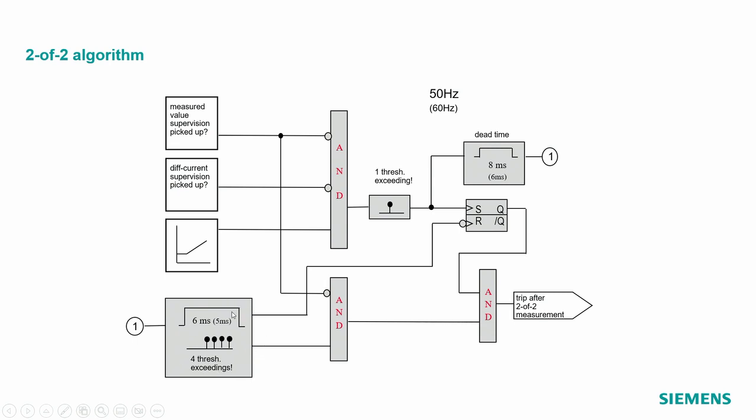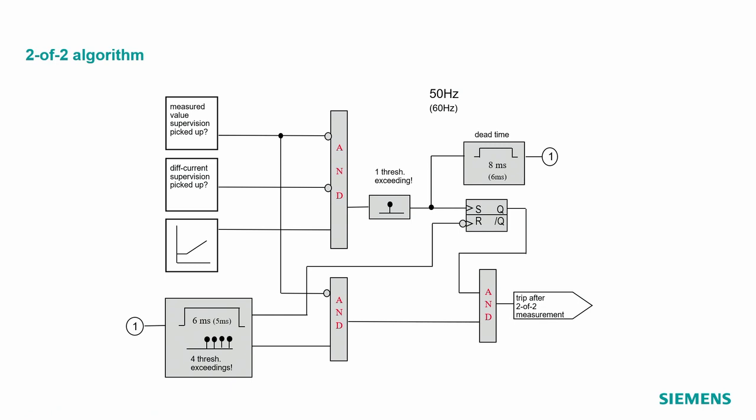If this is fine, we can say, okay, we are in the tripping area for 2 succeeding half waves. We will trip according to the 2 out of 2 algorithm. If not, we have to reset this flip-flop. And via this flip-flop, you would memorize whether this criteria is really fulfilled in 2 succeeding half cycles.